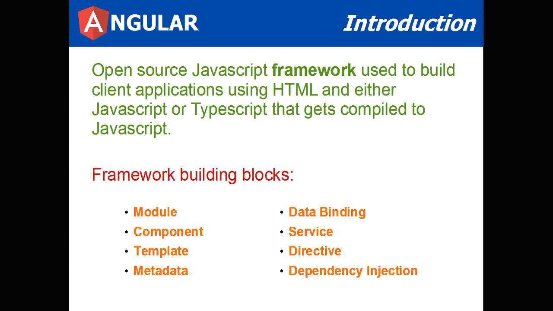We have the concept of data binding, which is extremely important in Angular. If you change a data attribute in a component, it could be bound to the template, and you'll see a different visual representation in the template, and vice versa. If you click on a button in the template, you can invoke a method in the backend object, so the event could be bound to the backend object.